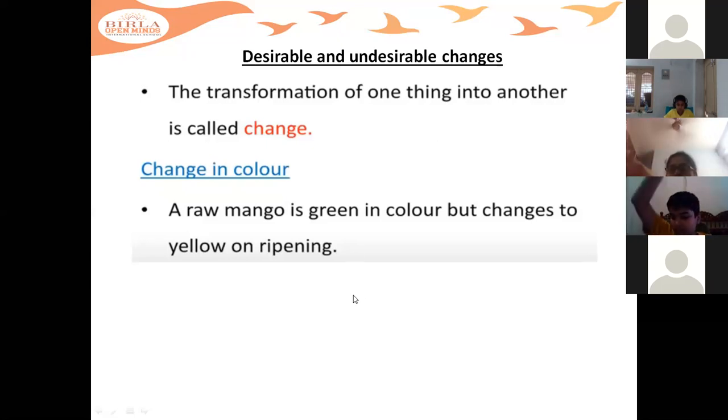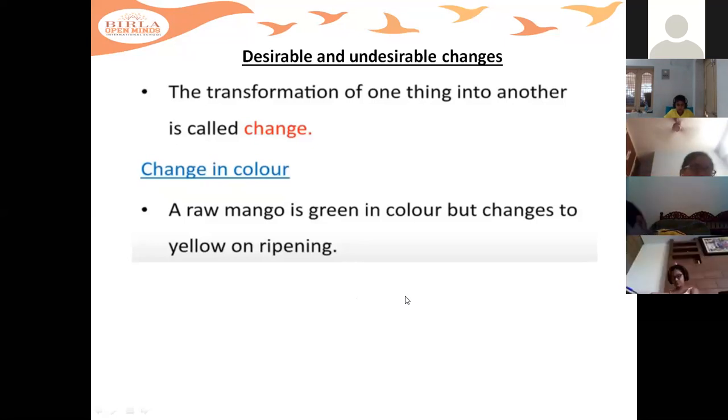Because if you're watching a movie, many people have different desirable things, so there are many desirable and undesirable changes. If you're watching a movie and suddenly the power goes off, then it is an undesirable change. You don't like it. Okay. So I'll just mute you all and I'll just continue.